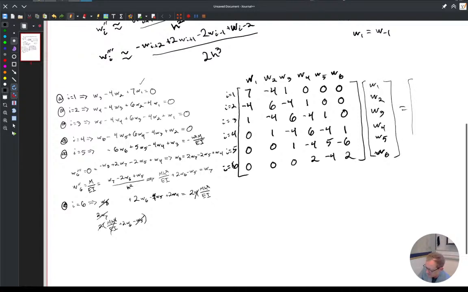And all that is going to be mostly zeros, except for down here, I've got that negative m over EI h squared, and then a negative, or a positive 2. I think it's positive.